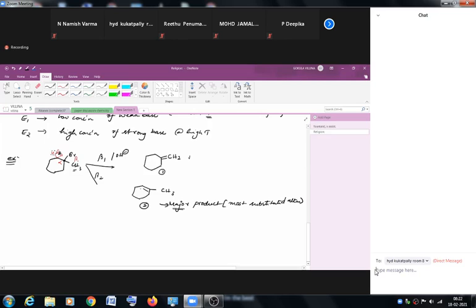Okay, so what type of haloalkane is this cyclic haloalkane? This is a tertiary haloalkane. Why? Because the bromine, whatever the alpha carbon you take, is attached to three other carbon atoms. Sorry, no, it's not tertiary.